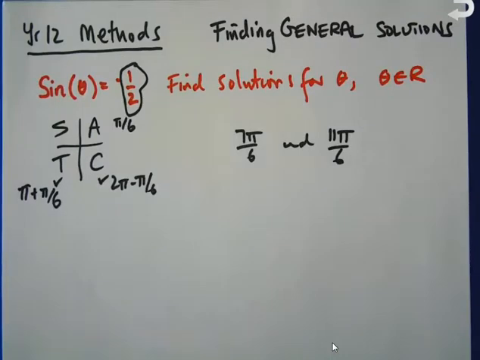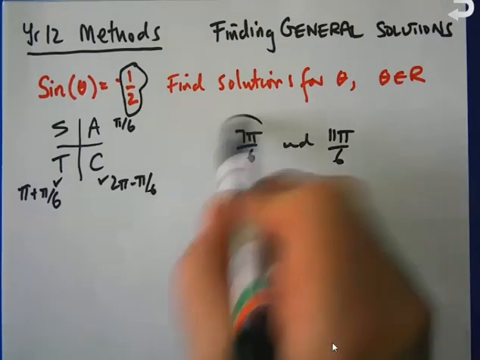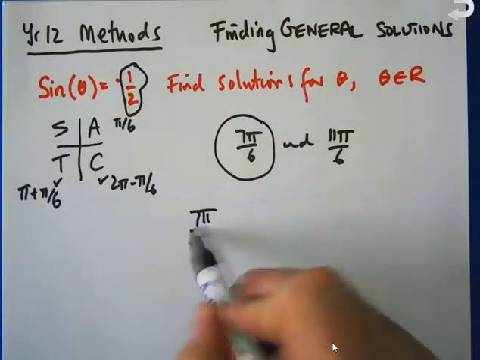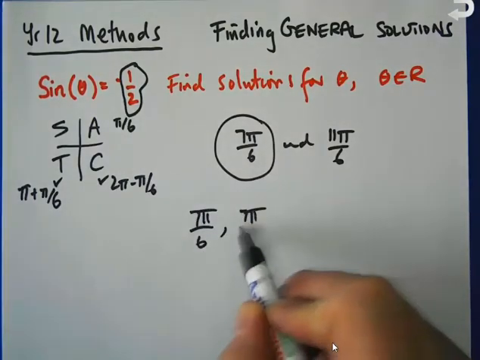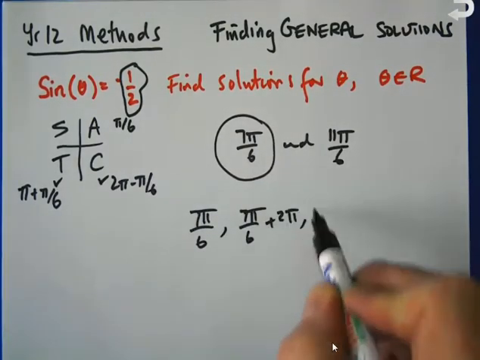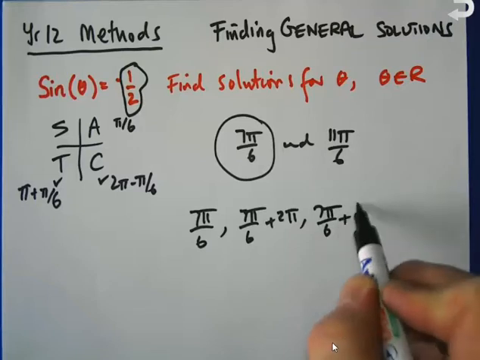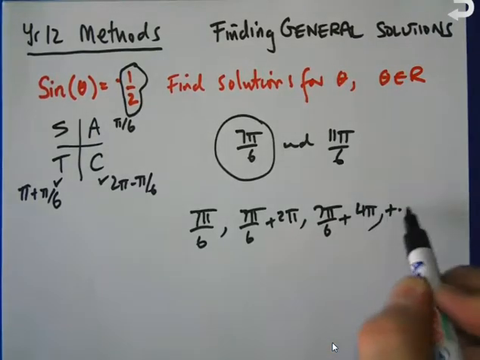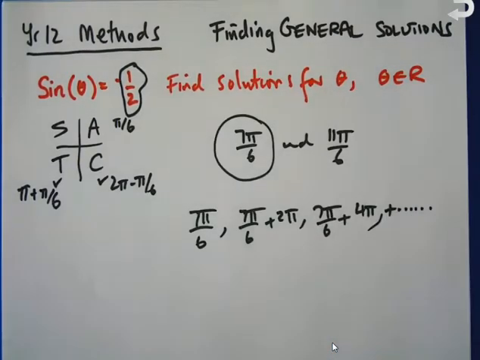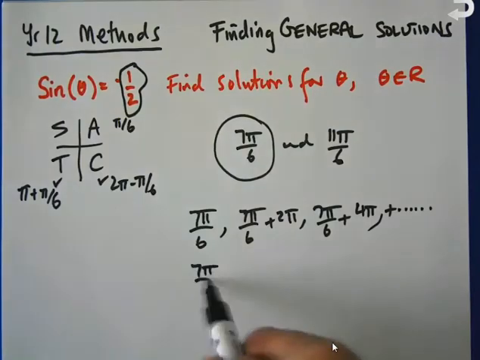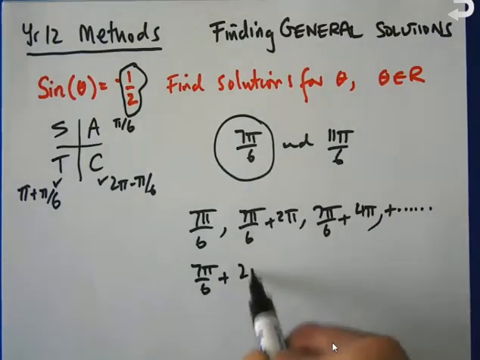Now, one way of finding all of my solutions, I could say that I have 7 pi on 6, and 7 pi on 6 plus 2 pi, and 7 pi on 6 plus 4 pi, etc., with all of the even pi's, which is 7 pi on 6 plus 2 pi n.